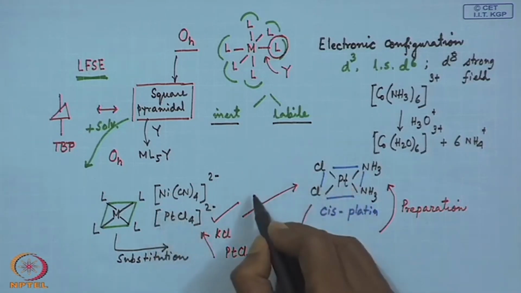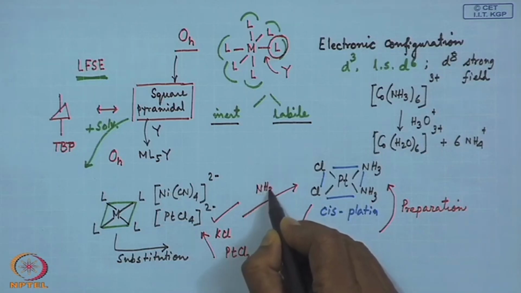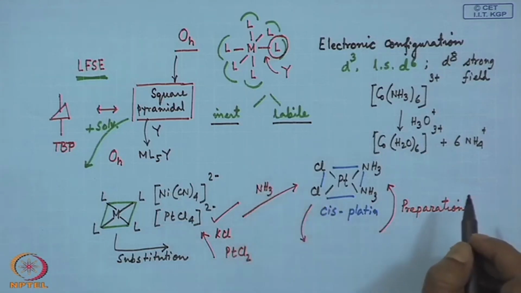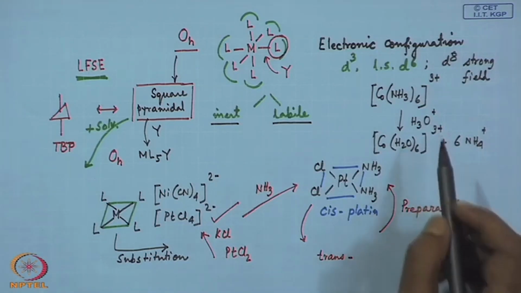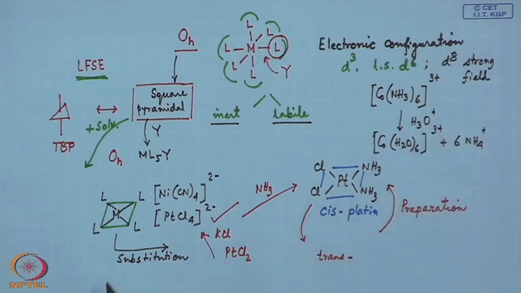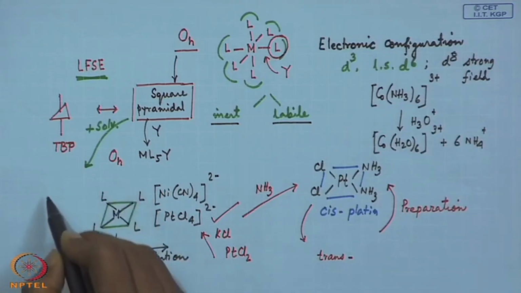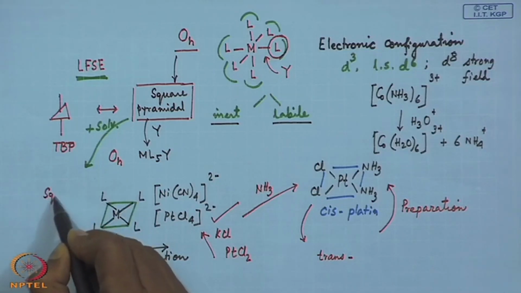How can we get this particular substitution, that means the ligand substitution reaction, to get the cisplatin molecule, or whether we will end up with its corresponding trans isomer, that we should know. So, we only need to know how the ligand substitution reaction takes place in some other geometry, that means now square planar geometry.